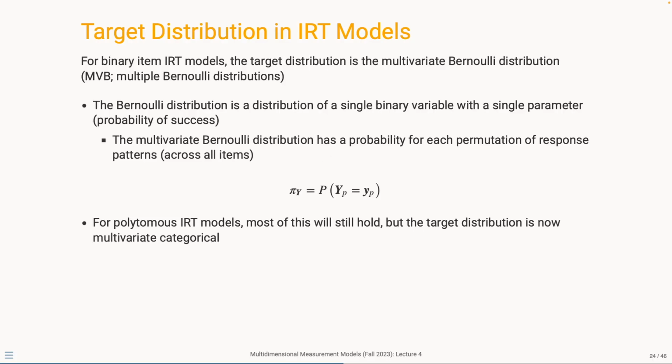How many different ways are there of answering correctly or incorrectly 10 items on a 10 item test? 10 binary items. 2 to the 10th power. 1,024. Multivariate Bernoulli says that each one of those possible permutations has a probability attached to it. That's our target model.